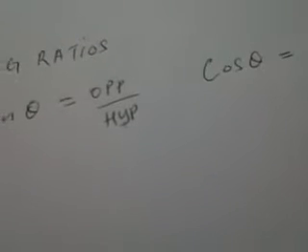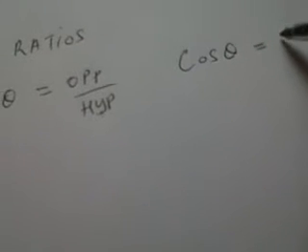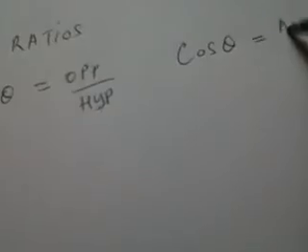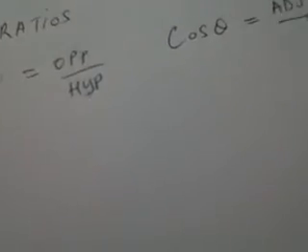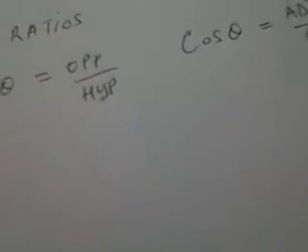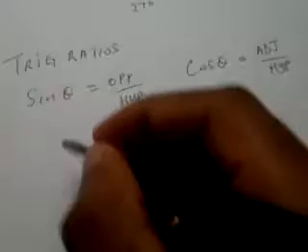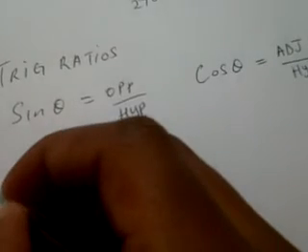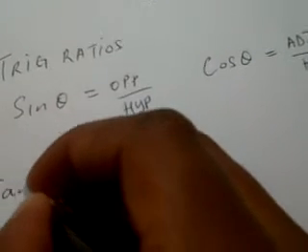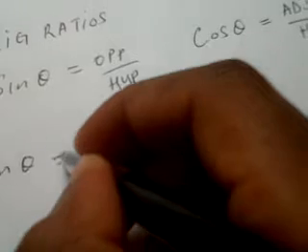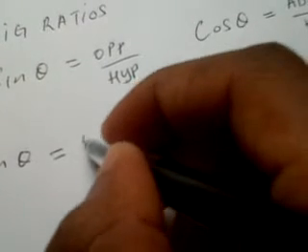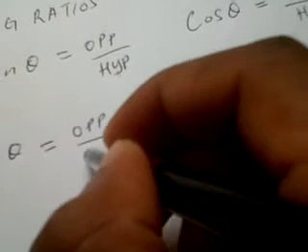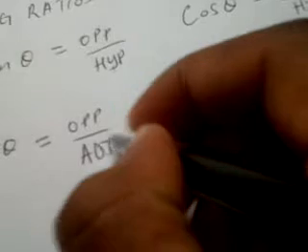Now we're going to move on to the next one, which is cosine of theta, or any other angle that you prefer, which will be adjacent side over hypotenuse. And then after that we'll have the third trig ratio, which is tan theta is equal to opposite over adjacent.